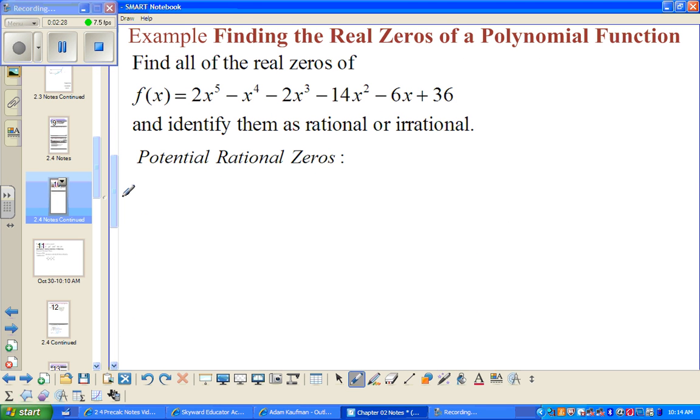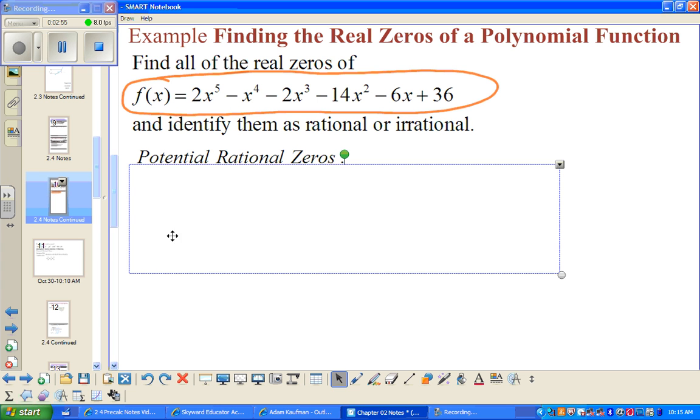So here's an example. Finding the real zeros of a polynomial function. Write down this function here. First of all, what are the potential rational zeros? Well, it's going to look like there's a lot, because we're going to have to take every factor of 36 and divide every one of those by every factor of 2.